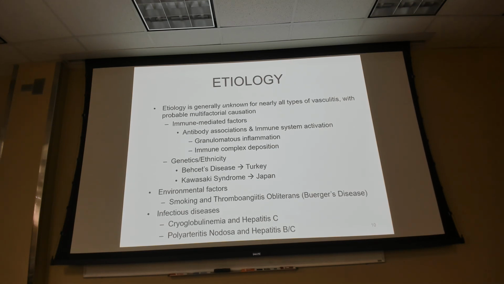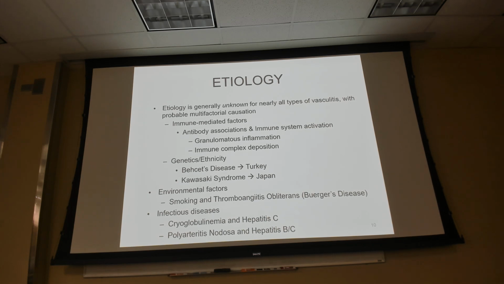Etiology, generally we don't know why it is that this is happening, but we can know that it's part of immune factors. It could be genetics, ethnicity, as we see with the two of those there, Behçet's in Turkey, and the Japanese with Kawasaki. It could also have some environment, right?